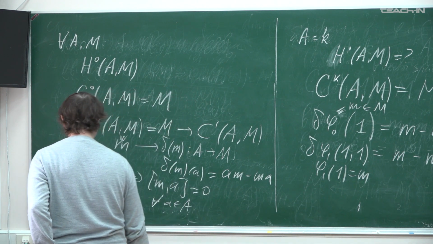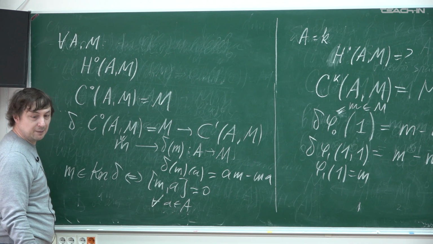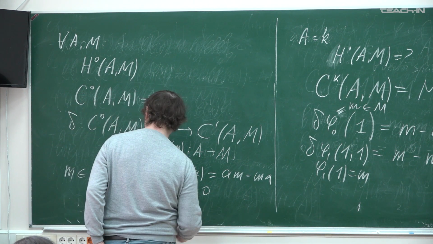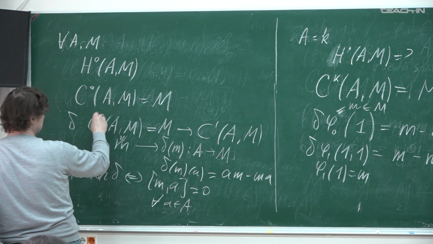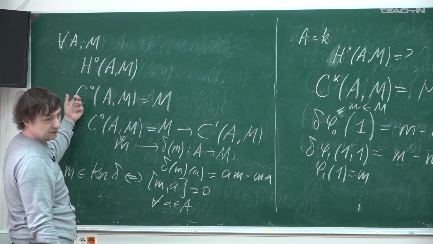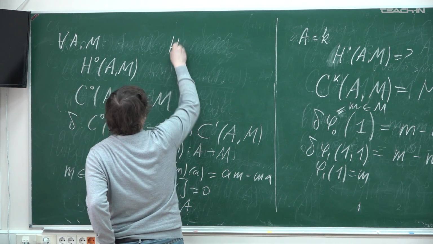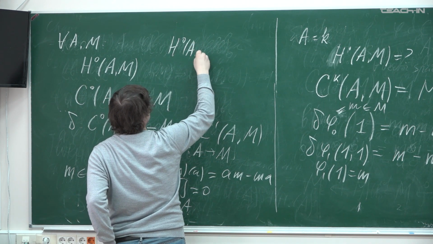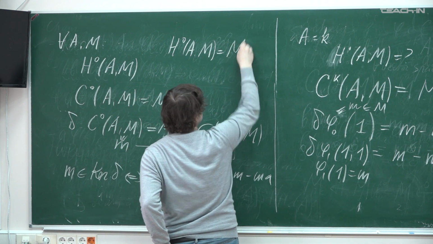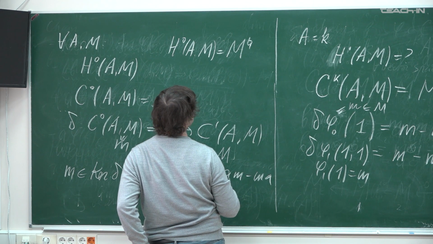So such elements are usually called the center of the bimodal. Of course, since there are no exact elements in C0, we conclude that H0 of A, M is equal to the center, which is sometimes denoted by M sharp or something like that.